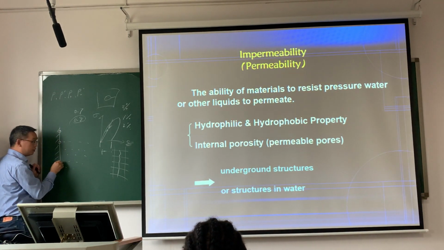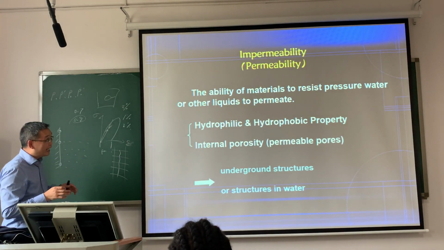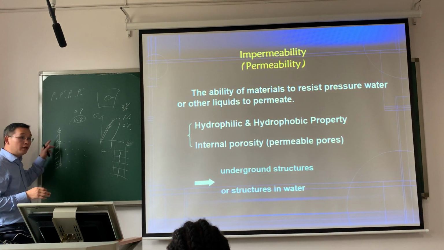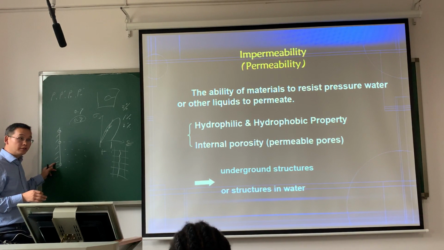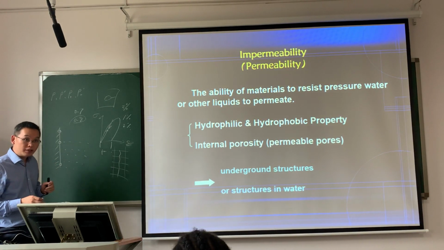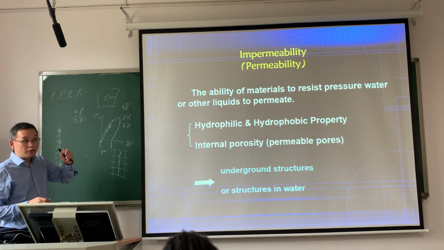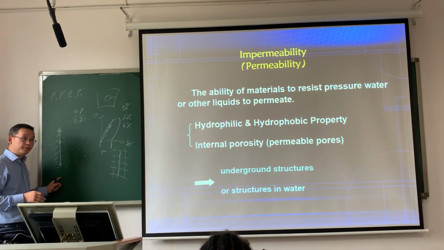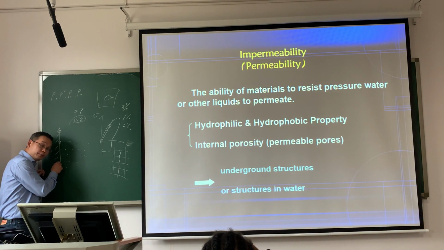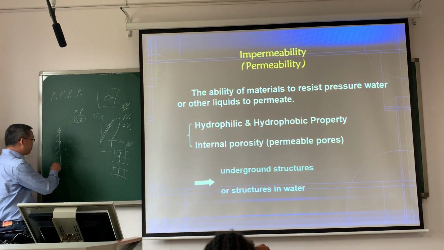The third one is in here. We need to consider which place is the worst for the permeability of the water. Which one is the worst? The third one. Why? Pressure. Yes, pressure.